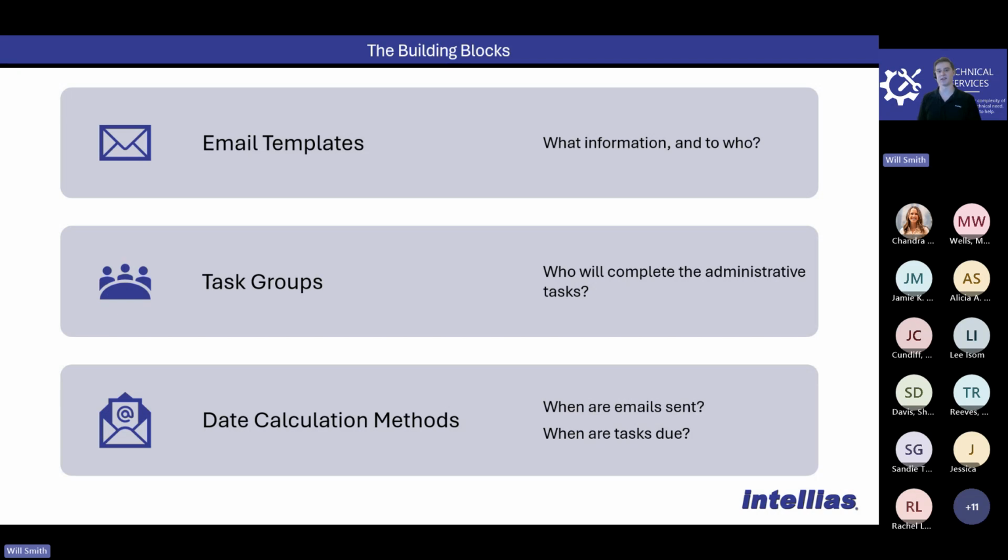So maybe we want all tasks to be due 60 days after start date or 7 days after start date. Maybe we want a reminder email to be sent the day before the start date. We could set up date calculation methods to calculate those time intervals for us, and then we can use those date calculation methods to create the due dates of tasks as well as to fire emails automatically.